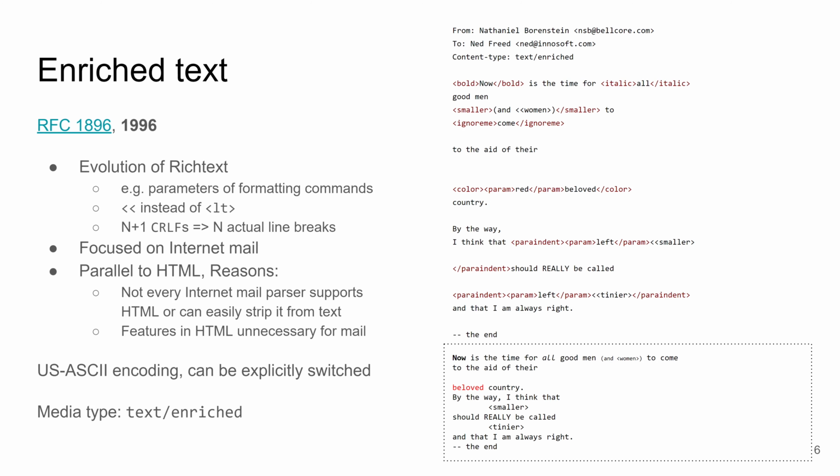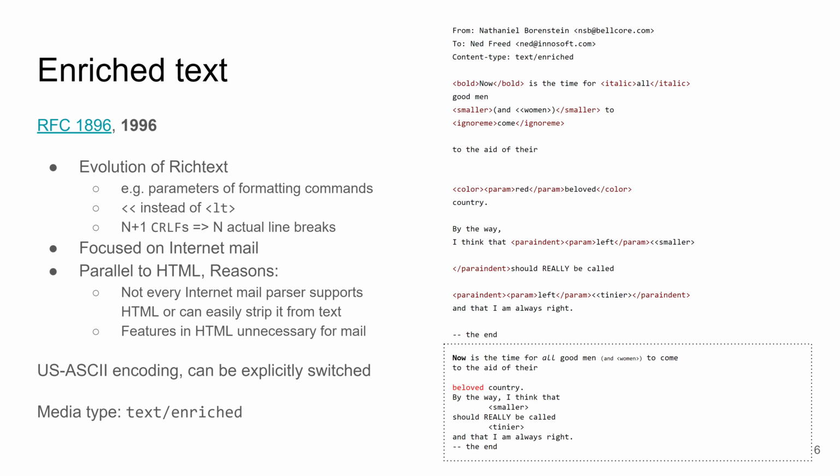So for instance, instead of the LT command for outputting the lesser than character, you now have two lesser than characters, one after each other, and this means that a lesser than character should be outputted, which again you can see used in the example on the right hand side of the slide with the women and then with the smaller tag.